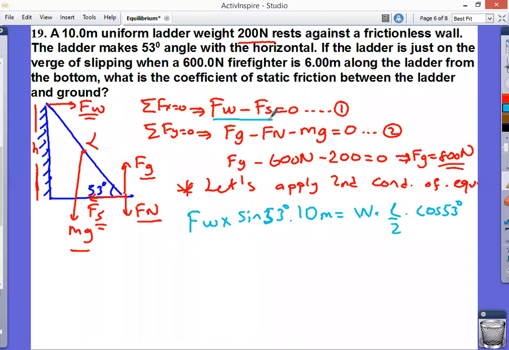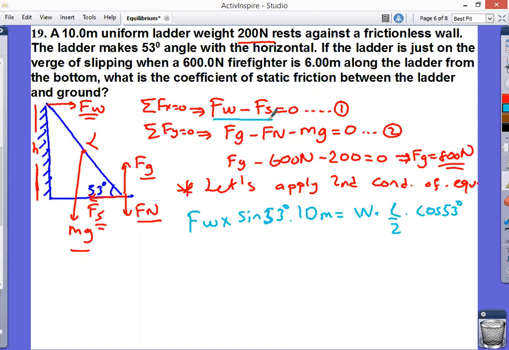No, that was because of the force, but here what we are doing is we are applying the torque, okay? Second condition. W stands for weight, times L over 2.